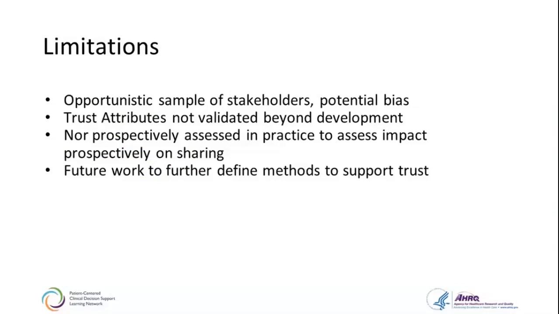We didn't validate any of the trust attributes. These were recommendations that came much more through discussion, so I guess you could say theoretical. So we haven't prospectively assessed how they're used in practice in order to say anything empirically about what effect these are having.